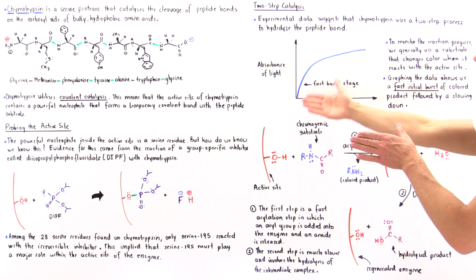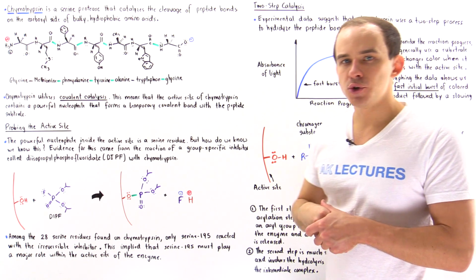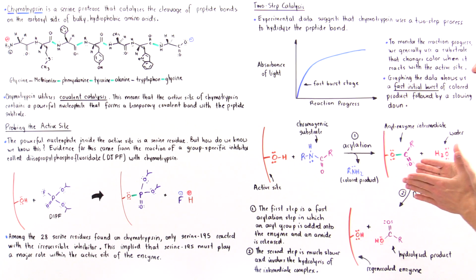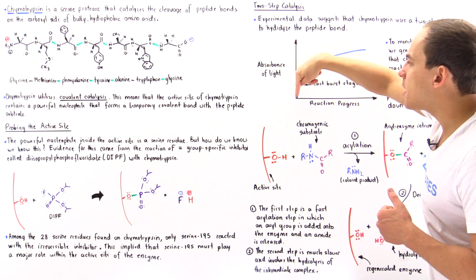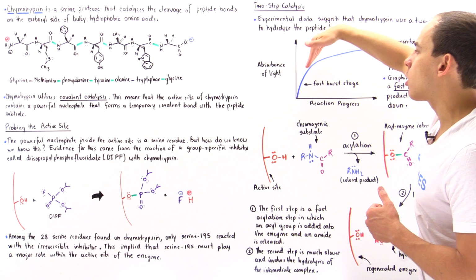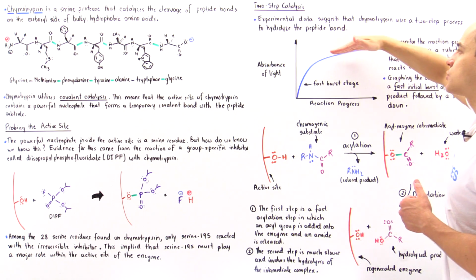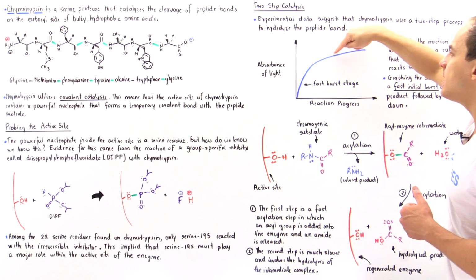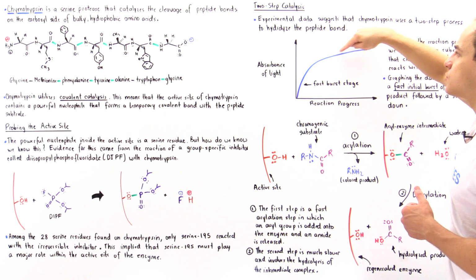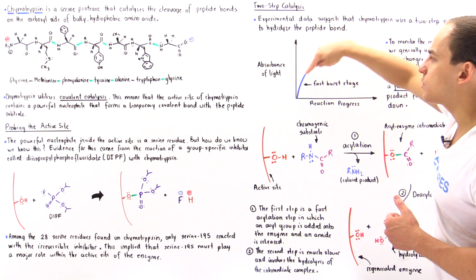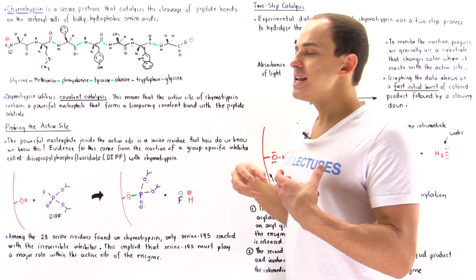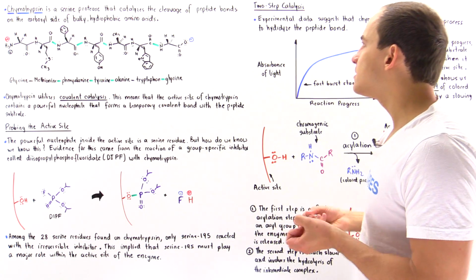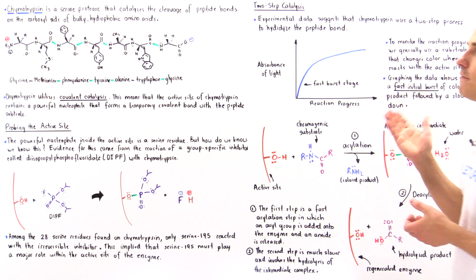Notice what kind of curve we produce. Initially we have a very steep slope, a very large slope, and then the slope begins to level off. So here the rate of the reaction is low, but here the rate of the reaction is very fast.